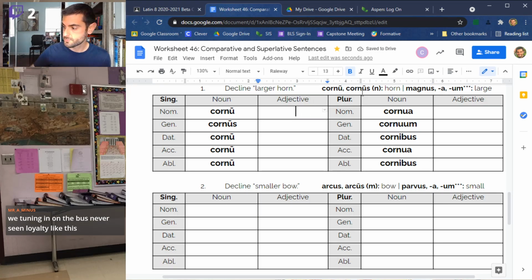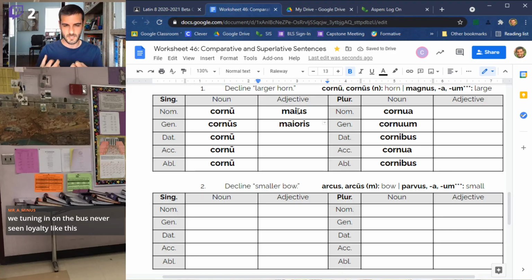As I said, I chose all of the irregular comparatives and superlatives just so we could practice. So, magnus, the comparative, is major. But cornu is neuter, so instead of using major, we're going to use maius. But don't throw the major away. Keep that in your mind, because when you go to decline this form, the genitive of maius is maioris, right?